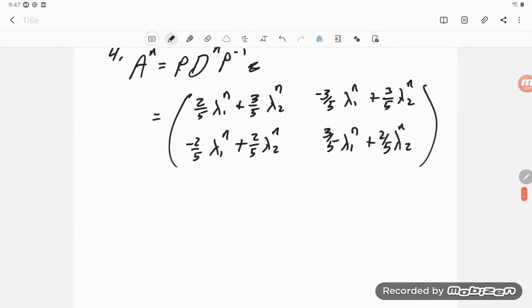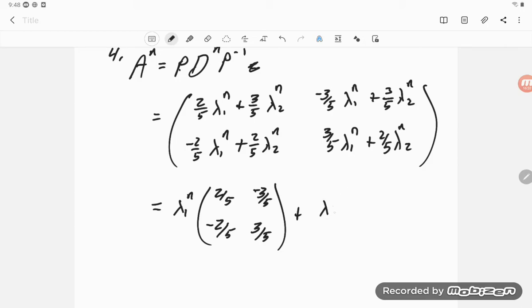So notice, I've got all this stuff times lambda 1, I've got all this stuff times lambda 2, so I can just write this as lambda 1 to the n, and my U matrix is 2/5, negative 2/5, negative 3/5, and 3/5. So there's my U matrix plus lambda 2 to the n, and I'll switch out the lambdas here in a minute, but I wanted to make sure you could see that.